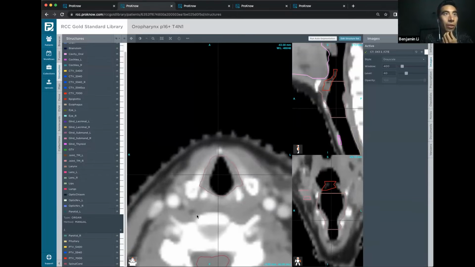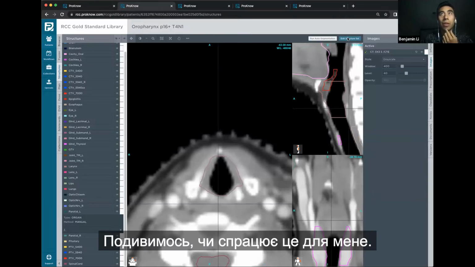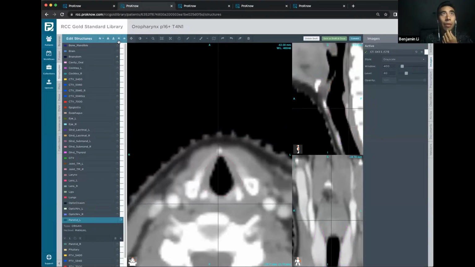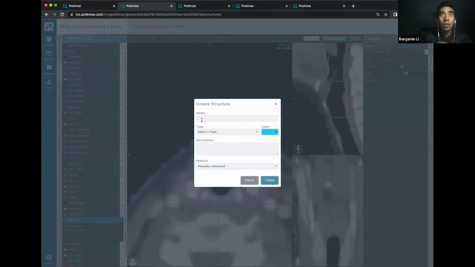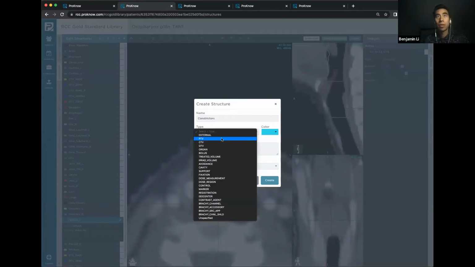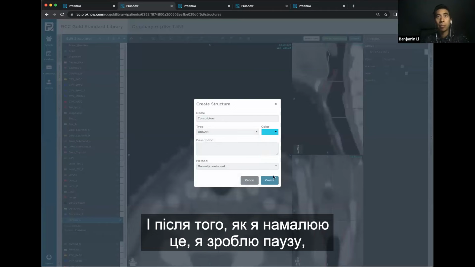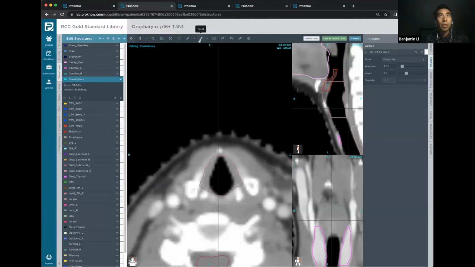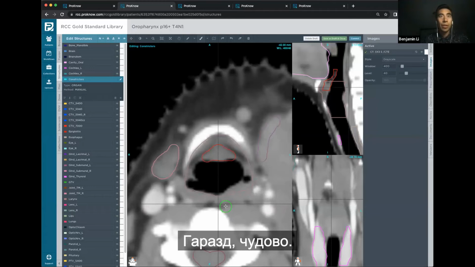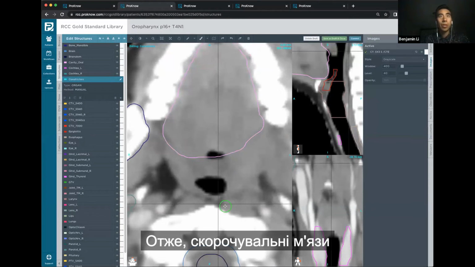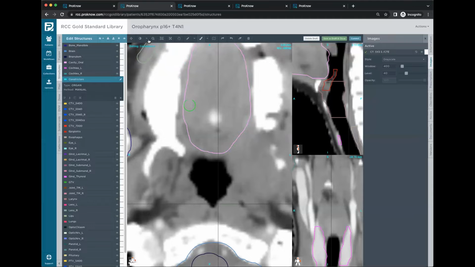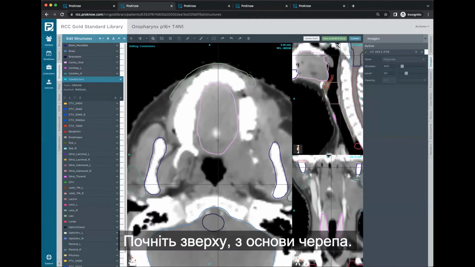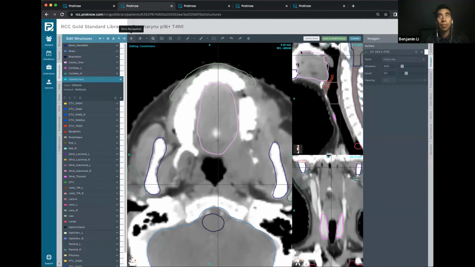And I think the only structure that we have left is the pharyngeal constrictors. Let's see if this cooperates for me. And then after I draw this, I'll pause for some questions. Okay, great. So the constrictor muscles start at the top, at the base of the skull.